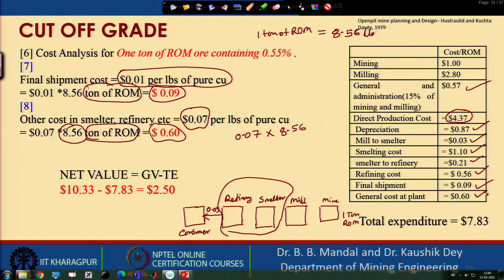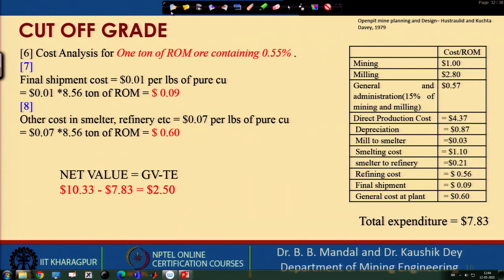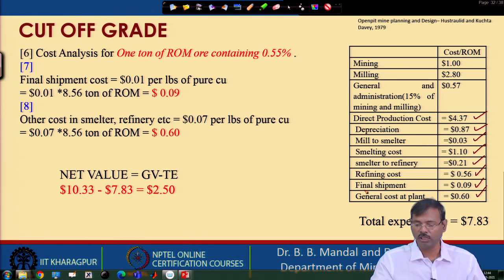So, altogether, if we are calculating all the costs, then the total expenditure means summing up all of these: depreciation, direct cost, depreciation, mill to smelter, smelting cost, smelter to refinery, refinery cost, final shipment and general cost at plant.